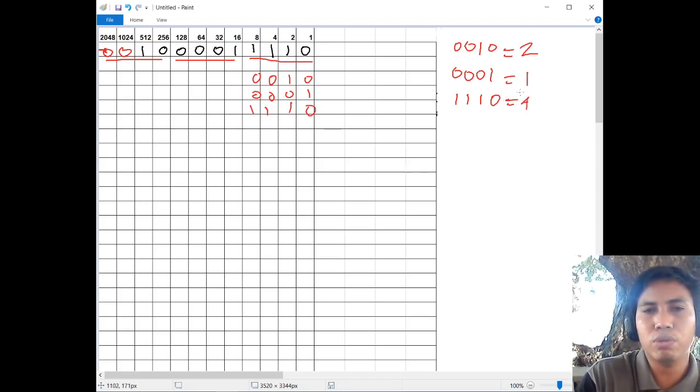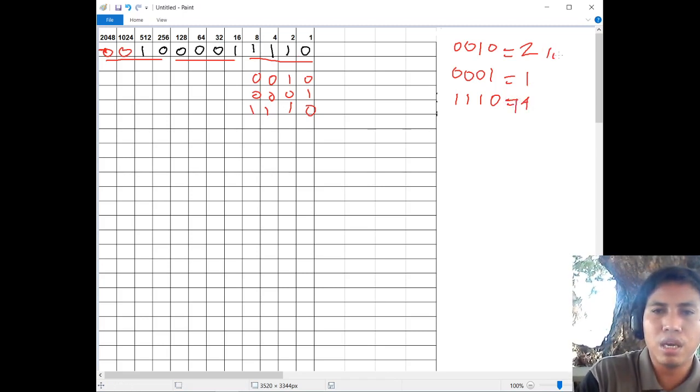But as I told you, digits 10 to 15 are represented by the letters A to F. So A for 10, B for 11, C for 12, D for 13, E for 14.